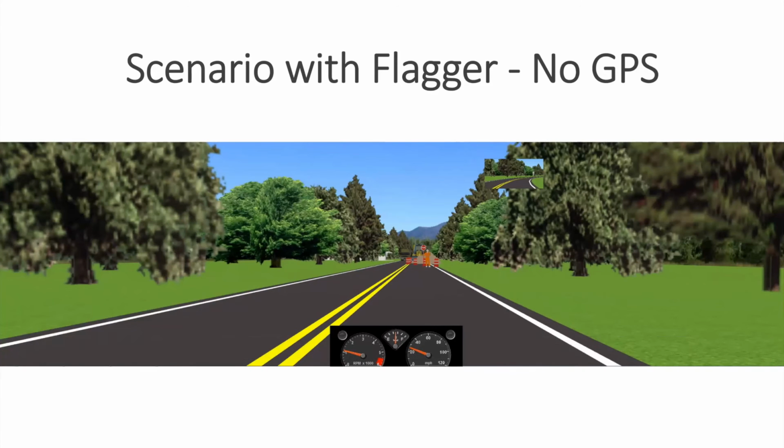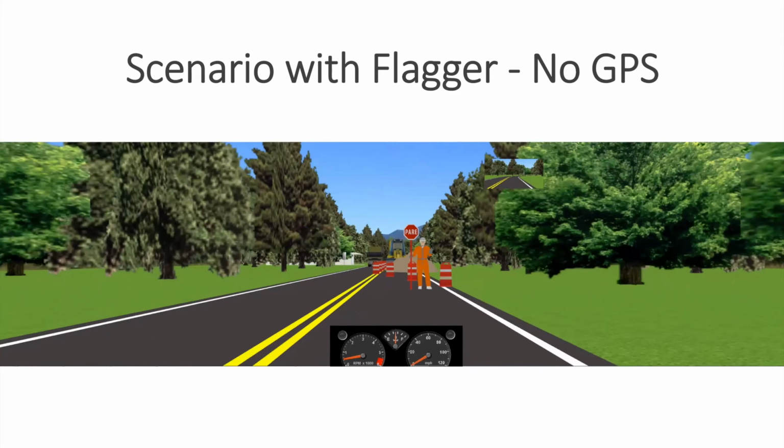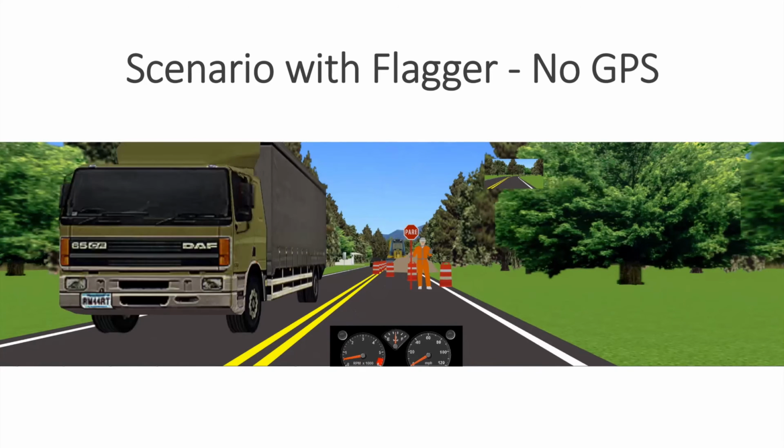Okay, the vehicle arrives at the work zone. It's a little bit jumpy because of the internet speed, sorry. And then you have the flagger. The flagger was always exhibiting the stop sign because there was traffic on the other lane. So once that traffic cleared the way, the flagger will switch to proceed with caution.